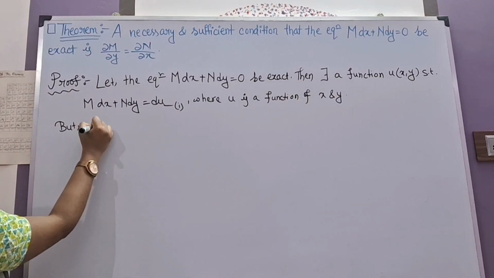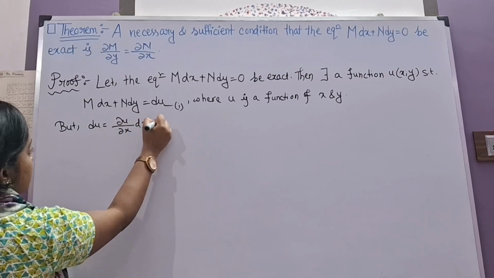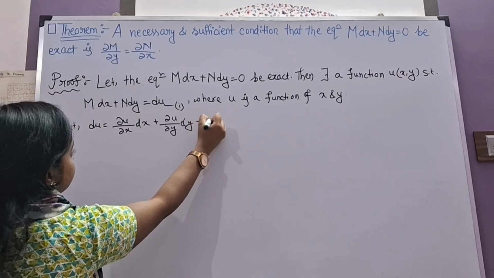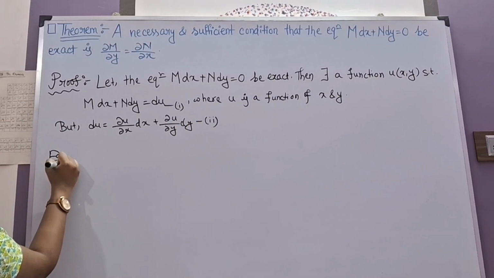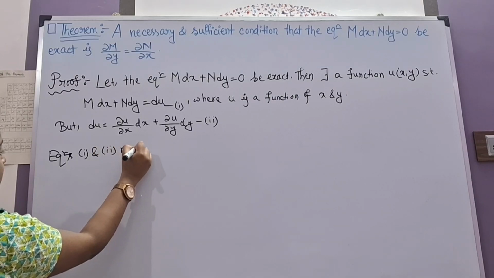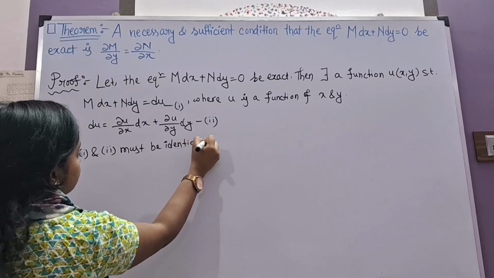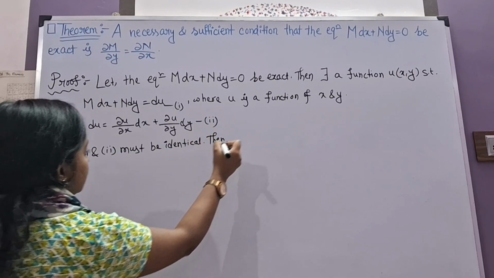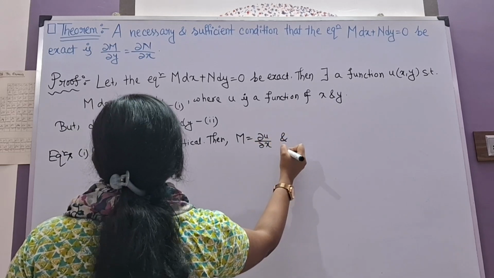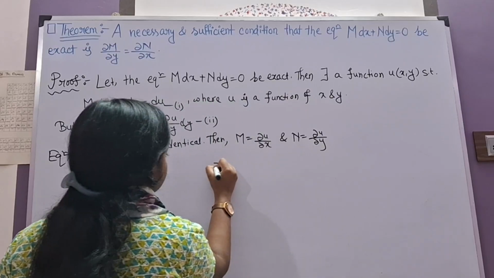But we know that du equal to del u del x dx plus del u del y dy. Now equations 1 and 2 must be identical. Then capital M equal to del u del x and capital N equal to del u del y.